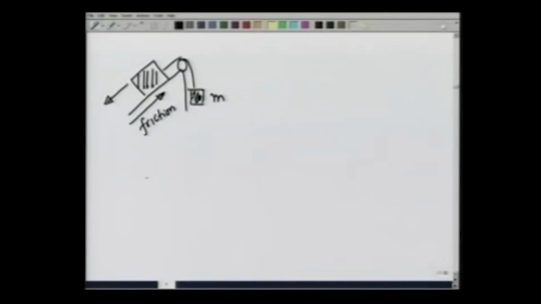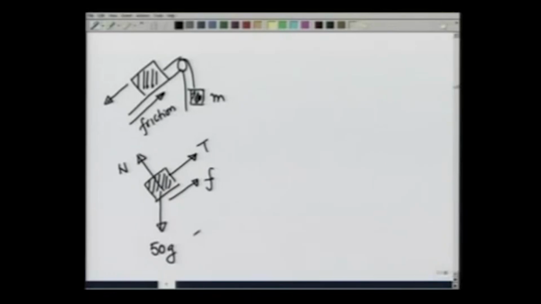Let us see how. This mass of 50 kg, if I make a free body diagram, has a frictional force, let me call it small f, acting up the plane. There is 50 g pulling it down, there is a normal reaction N and a tension T pulling it up.